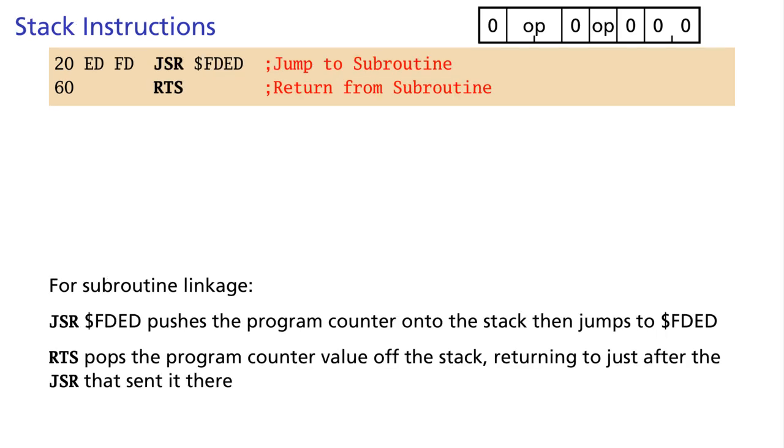The 6502's stack-related instructions round out our discussion. The stack is used primarily for storing subroutine return addresses. The JSR, jump to subroutine instruction, pushes the 16-bit program counter on the stack and sends control to the address in the 2 bytes following the instruction. The RTS, return from subroutine instruction, undoes the effect of a JSR, popping the return address from the stack.